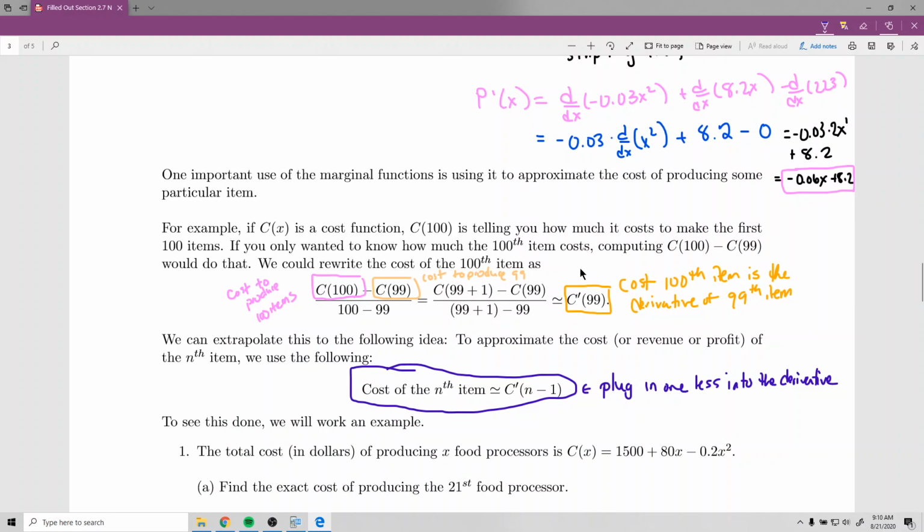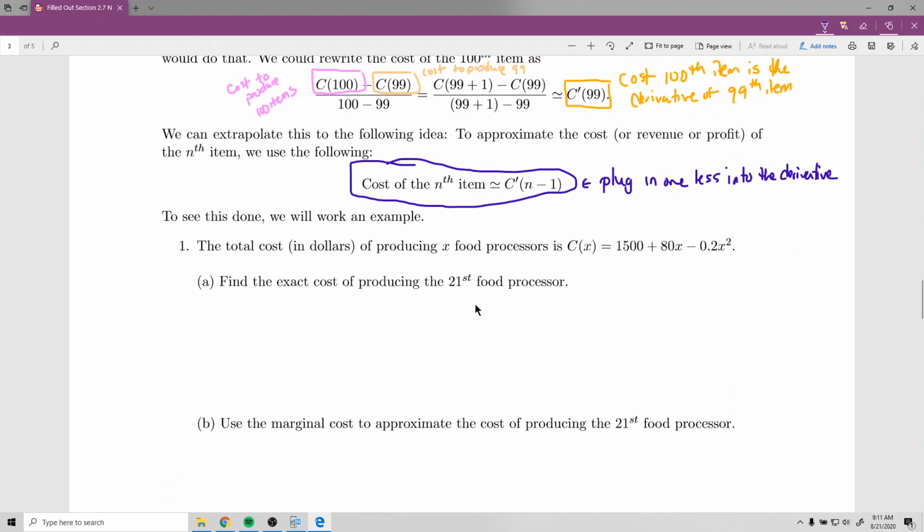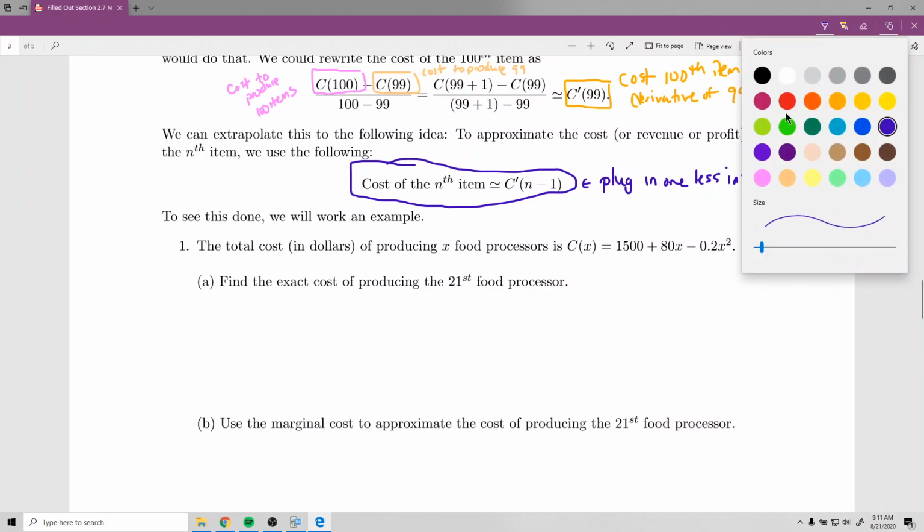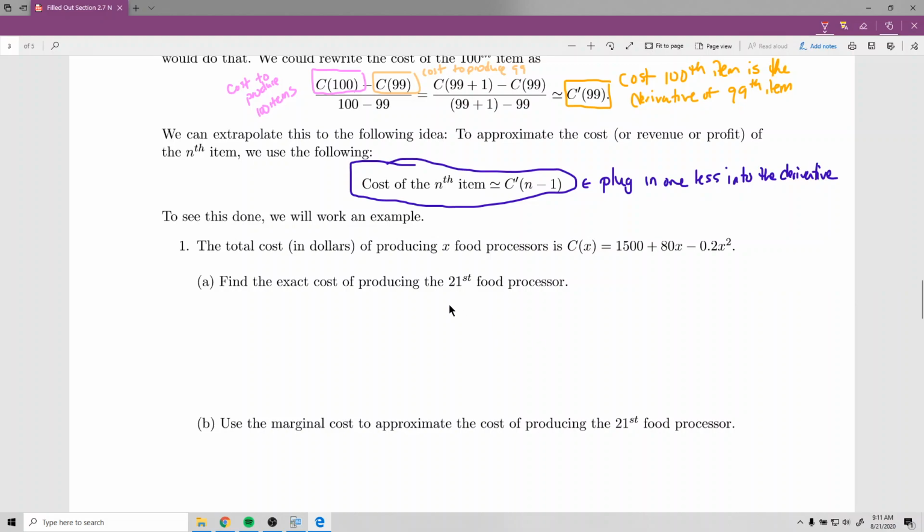So we'll actually do this with an example. That way it'll make more sense than my example of weighing apples. Here it says the total cost in dollars of producing x food processors is given by this function: C of x equals 1500 plus 80x minus 0.2x squared. The first thing says find the exact cost of producing the 21st food processor.